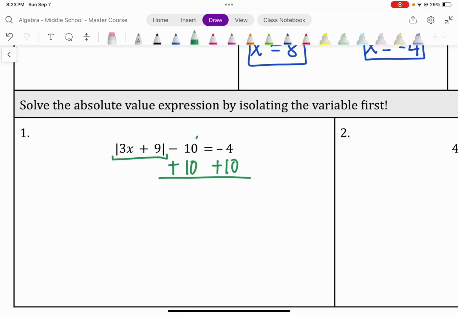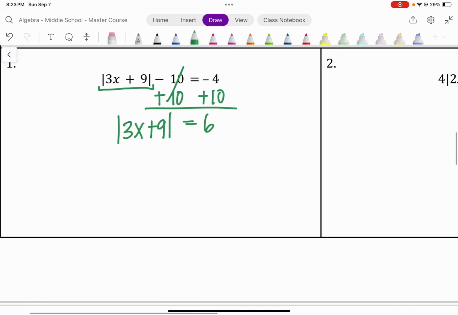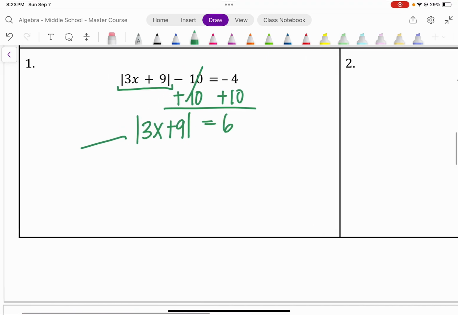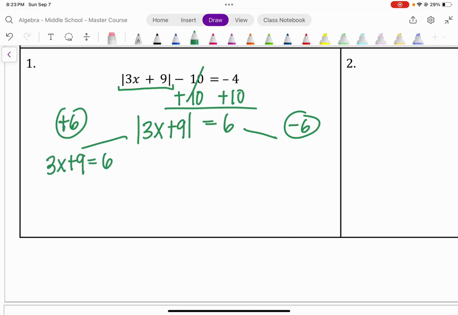So when we add 10 to that side, we're going to have the absolute value of 3x plus 9 equals positive 6, and that takes care of that. Now we're going to split them and solve for positive 6 and solve when it's negative 6. So 3x plus 9 equals 6 and 3x plus 9 equals negative 6.